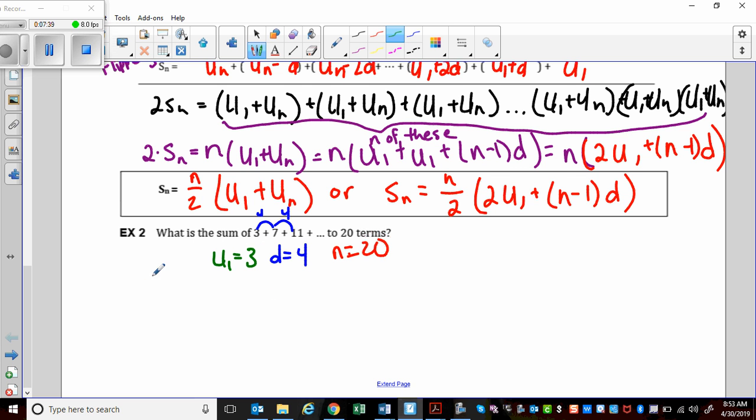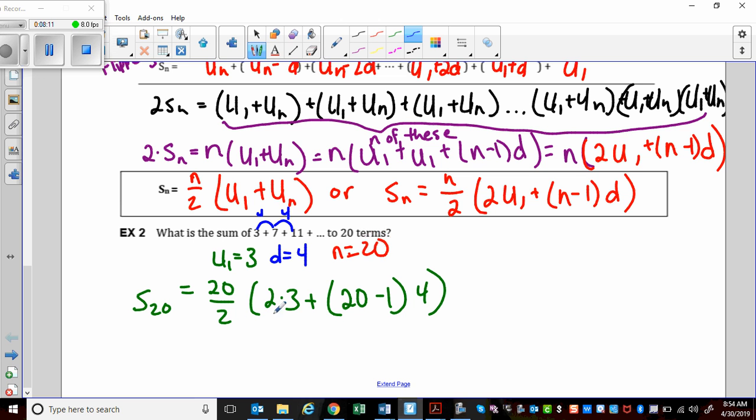And I can use our formula, which is s sub 20 equals n over 2, so 20 over 2. I'm just going to fill it out first, and then we'll simplify it, times, I don't know my last term, so I'm actually going to use this formula. 2 times my initial, which is 3, plus n minus 1, which is 20 minus 1, times my difference, which is 4.